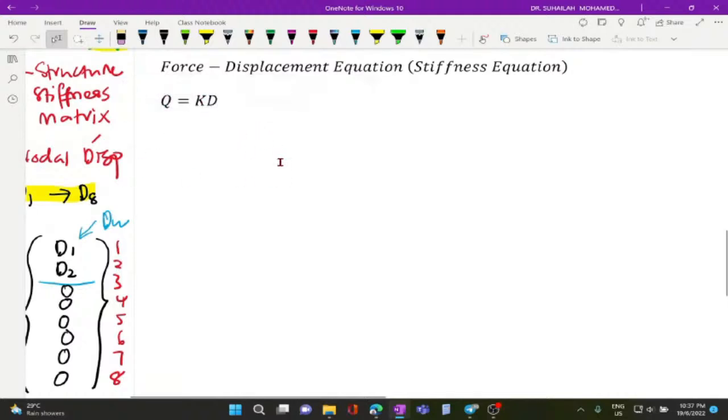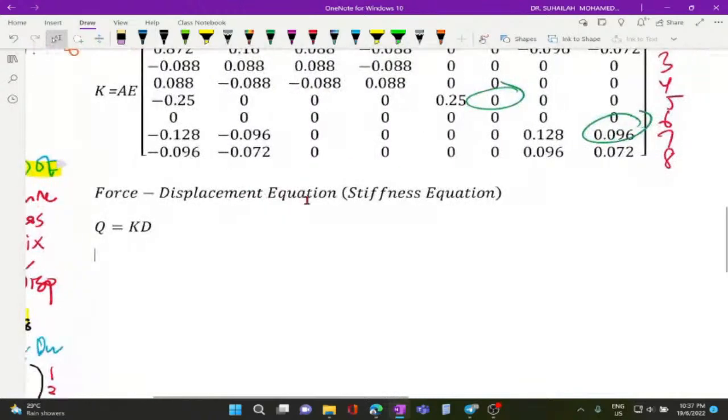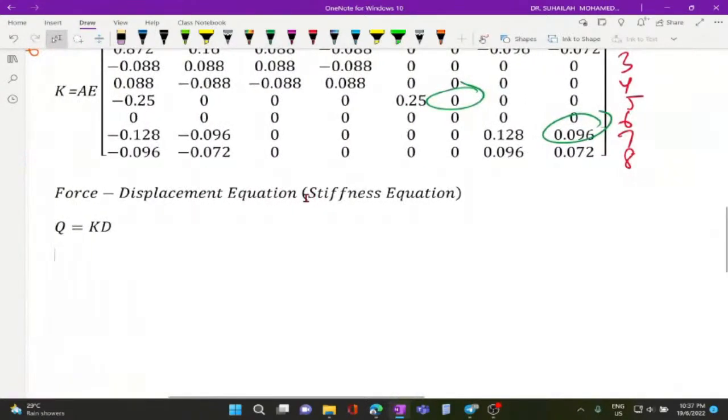We have to write in matrix form. That means the nodal force Q will have Q1 until Q8 because there are 8 degrees of freedom. And D as well, we have D1 until D8 because there are 8 degrees of freedom. So there are Q1, Q2, Q3, Q4, Q5, Q6, Q7, Q8, and we have D1, D2, D3, D4, D5, D6, D7, and D8.